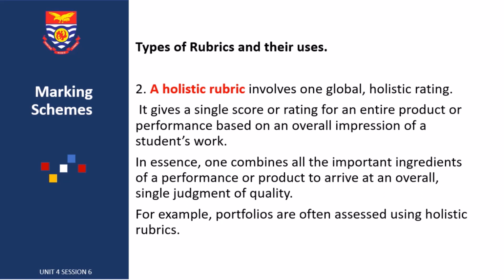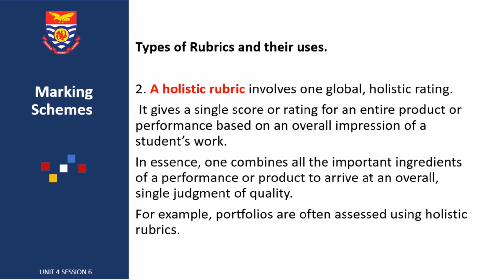Yes, it rates them together as a whole. It gives a single score or rating for an entire product or performance based on the overall impression of a student's work. As I said earlier, in essence, one combines all the important ingredients of a performance or product to arrive at an overall single judgment of quality.